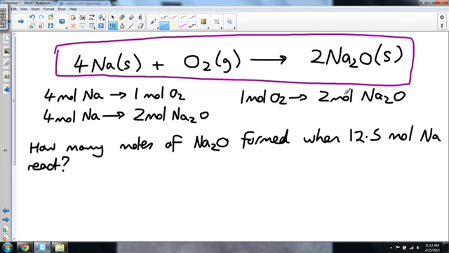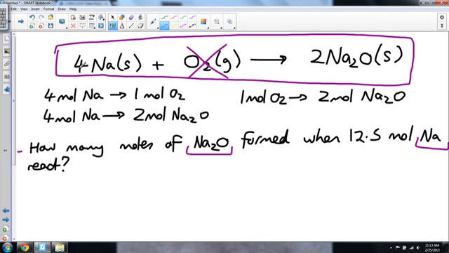It doesn't really matter which. The thing that's important is to remember, if a question asks you, for example, how many moles of sodium oxide are formed when 12.5 moles of sodium react, that tells you you're looking for the relationship between sodium and sodium oxide. You're not bothered about the oxygen because the question's not asking you about it, so forget about it. Unless the equation's not balanced, you can forget about that.